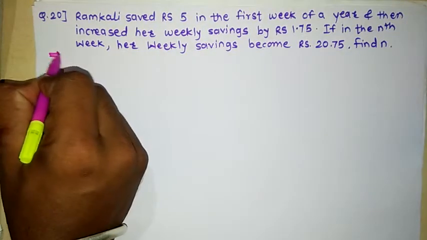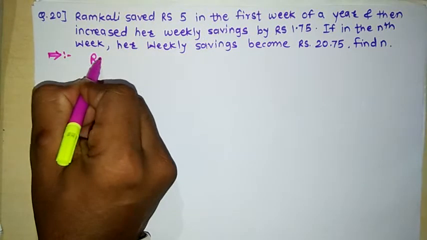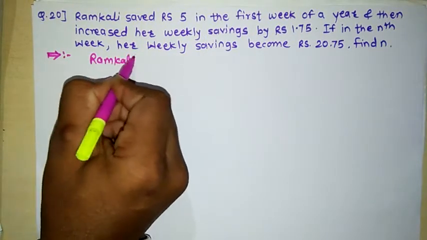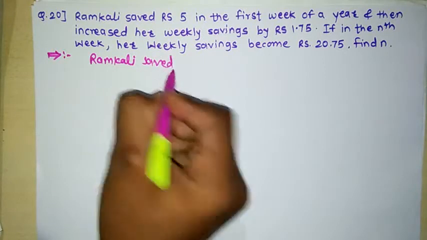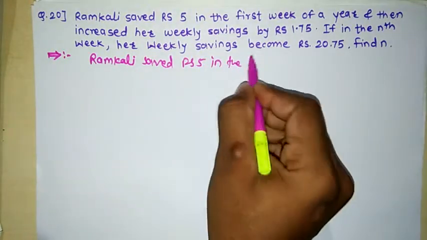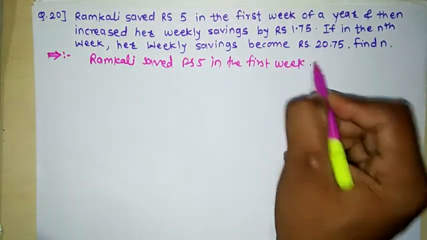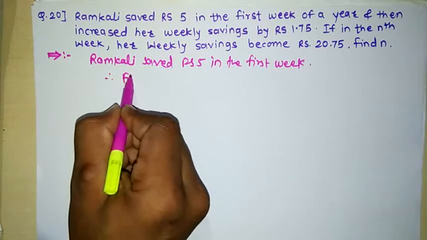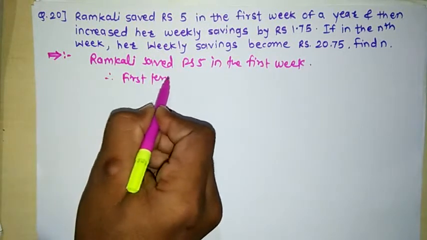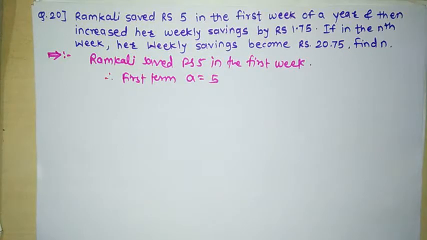See here, solution. Ramkali saved rupees 5 in the first week. Therefore first term A is equal to 5.